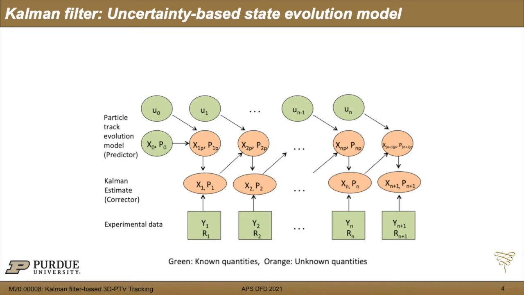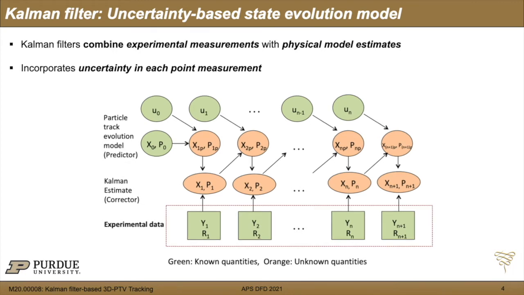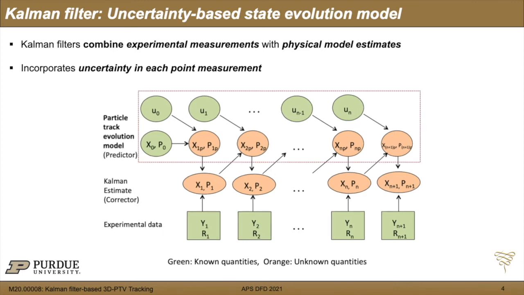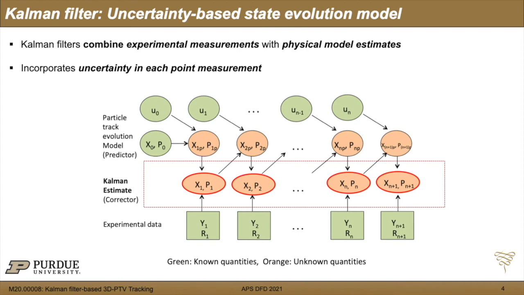Now, let's look at the working of a Kalman filter before we get into the details of the Kalman tracker. As mentioned previously, Kalman trackers act as data assimilation models. Given a complete track represented by the sequence of reconstructed positions y_i and its associated uncertainty r_i, the Kalman filter combines it with the model predictions to give an improved state estimate x_i and associated uncertainty p_i.